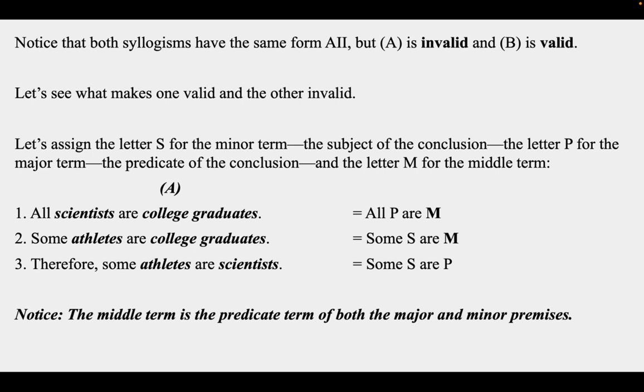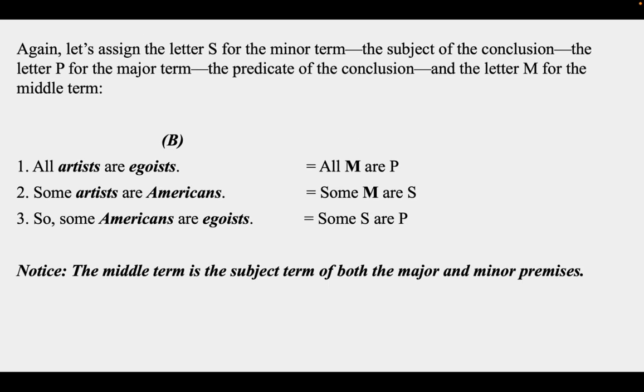Notice that in syllogism A, the middle term occurs as the predicate term of the major and as the predicate term of the minor premise. On the other hand, when you look at syllogism B, the middle term occurs as the subject of both major and minor premises.